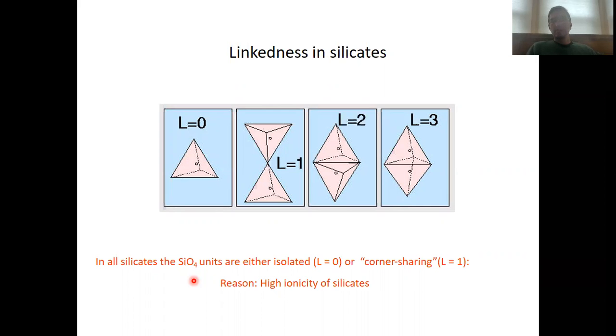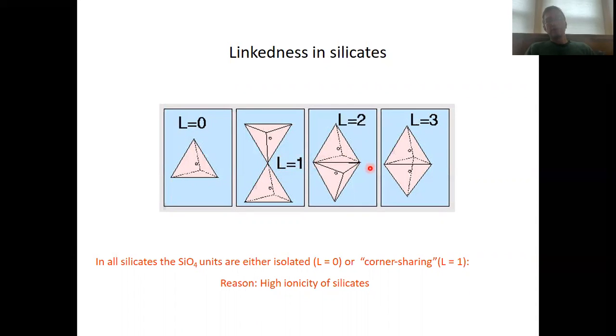So the linkedness tells you how many corners are being shared between two SiO4 tetrahedra. When we have only isolated SiO4 tetrahedra and there's no other tetrahedron attached, of course, the linkedness L is equal to 0. When one corner is being shared, the linkedness is 1.